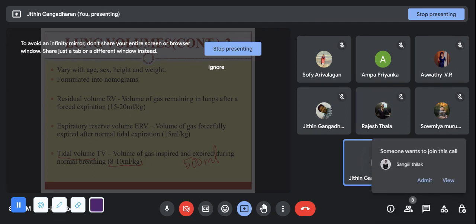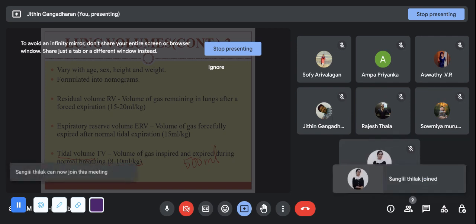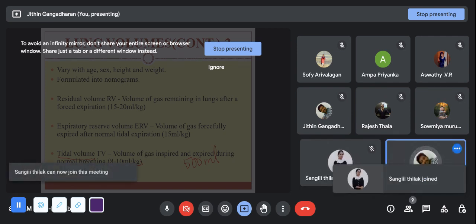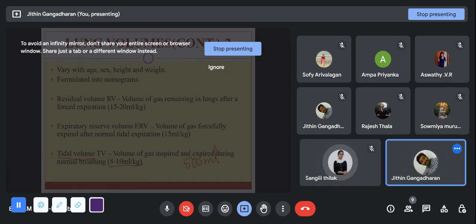It is the air which is inside the lung after forceful expiration. That is the residual volume, and the residual volume is also 1200 ml.